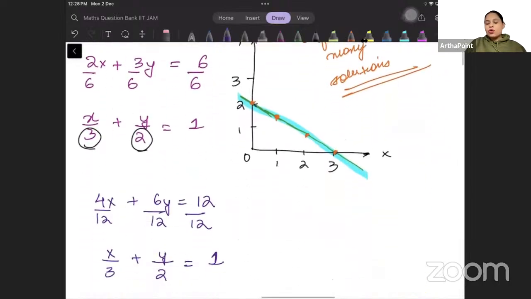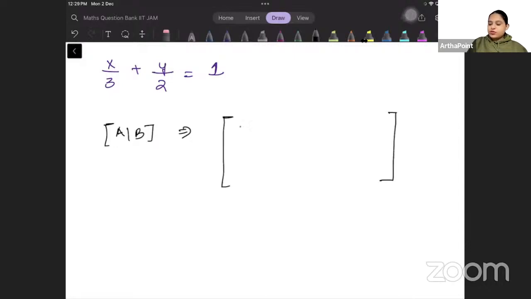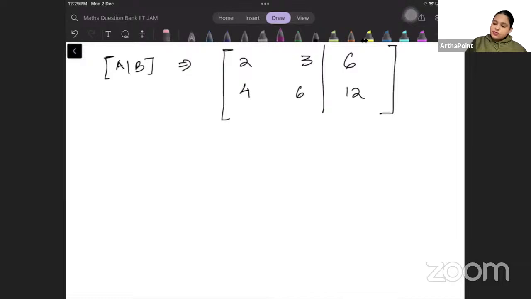But let us try to find the augmented matrix. So I have 2, 3, and 6 here, and if I go to the next one, I will get 4, 6, and 12. Let's do some transformations.